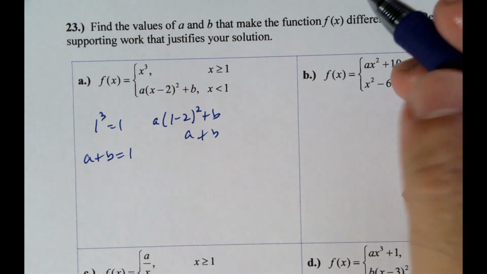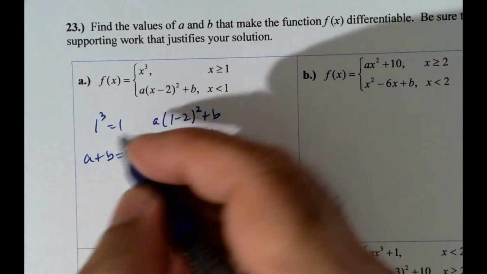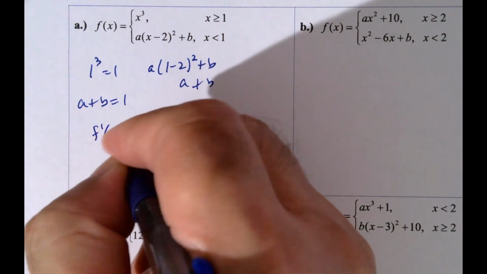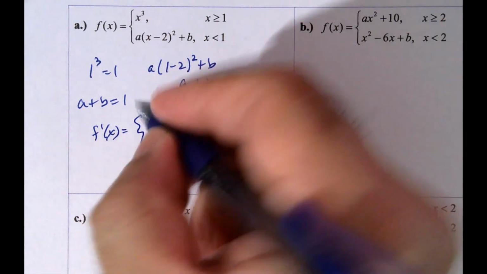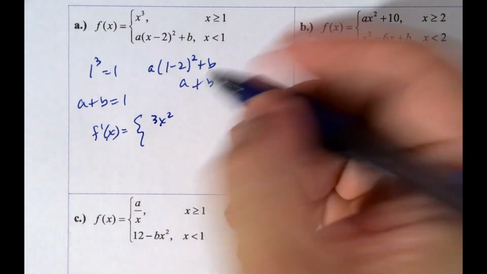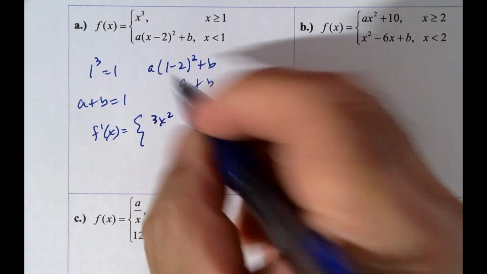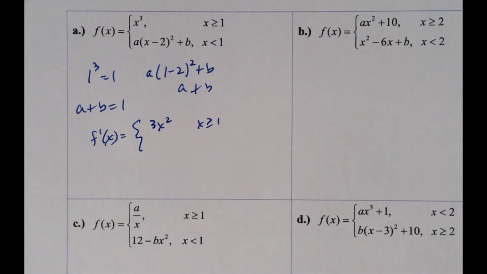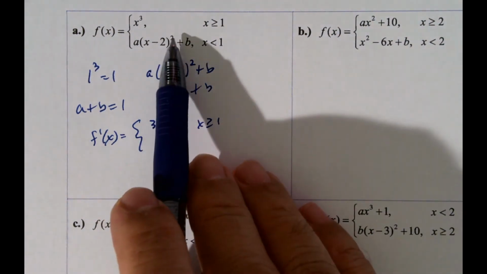Now, to be differentiable, let's take the derivative of this function. I'm going to run out of space. Take the derivative of each piece separately. At this point you don't really know the rules, but we're going to cheat and just use the regular power rule.